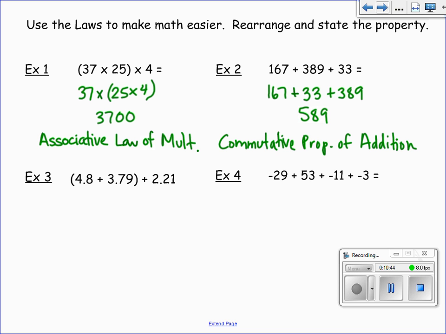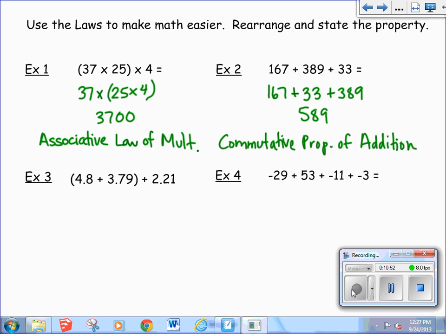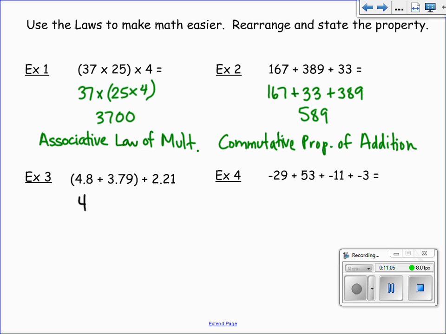All right, I want you and your partner to do 3 and 4 together. Rearrange, simplify, and state what property you use to make it easier. So in example 3, what did your partnership do, Anna? First we changed the parentheses to around 3.79 and 2. Okay, so you change those parentheses like that.